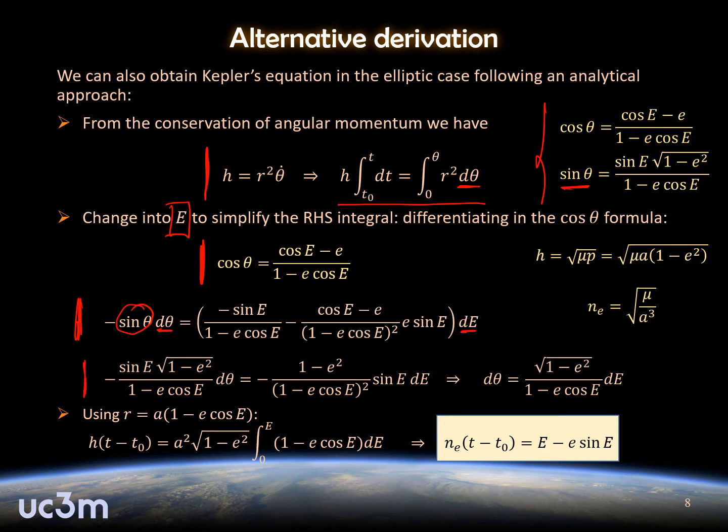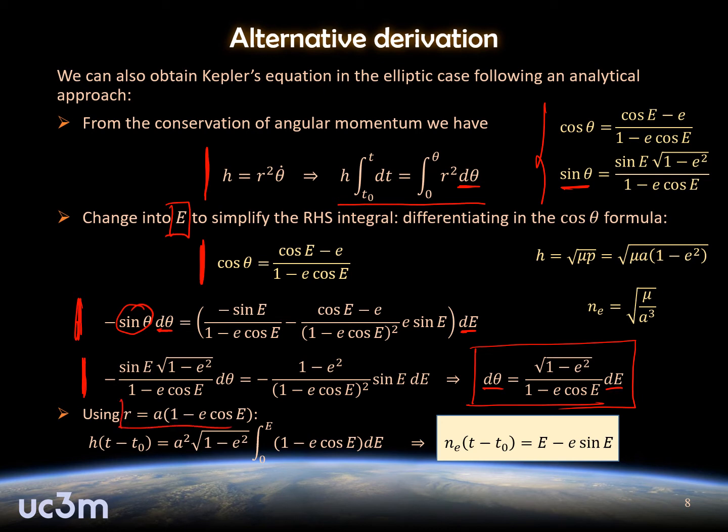Now that we have this, we have the expression that we are looking for. Simplifying some of the terms, eventually we reach this result over here, which is the expression for the differential of theta in terms of the differential of E.